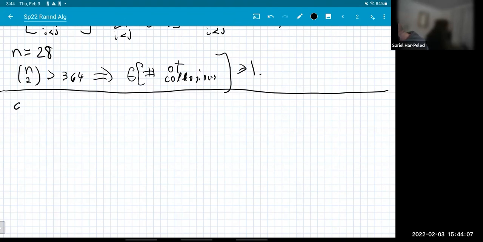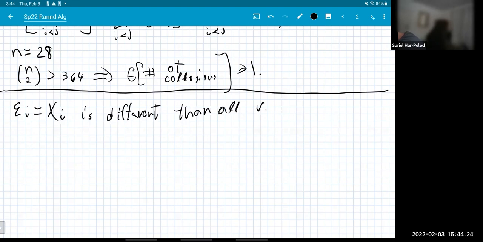Event Ei would be that xi is different than all values in x1, x2 to xi minus 1. So the ith event is just that xi does not collide with any of the previous events, okay?